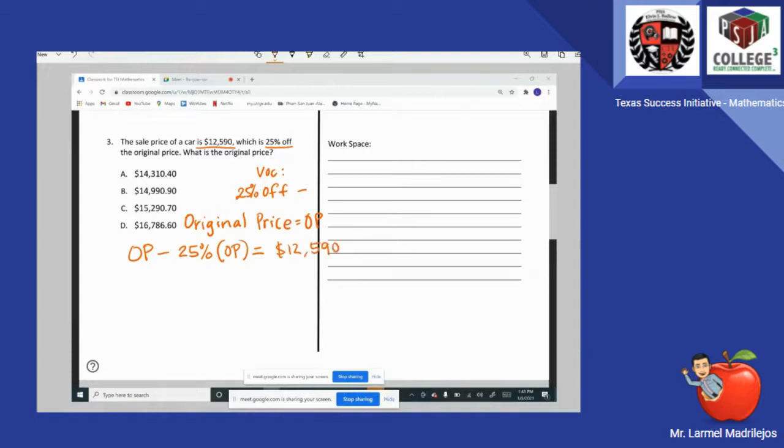I'm going to try to solve for the OP. If I factor out the OP, that's going to be 1 minus 25% equals 12,590. So 1 minus 25% is 75%.